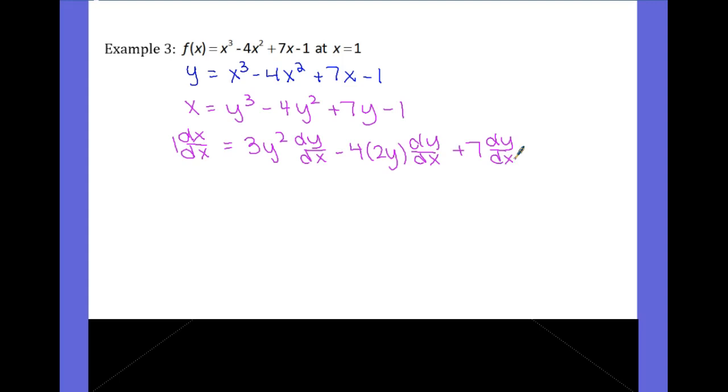You totally could have multiplied them. I just wrote 4 before I did. So what we're going to do is get anything that doesn't have a dy/dx on this side, which is nothing, and then we're going to GCF out the dy/dx.